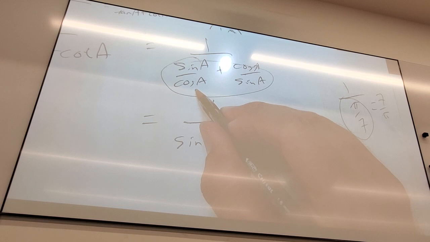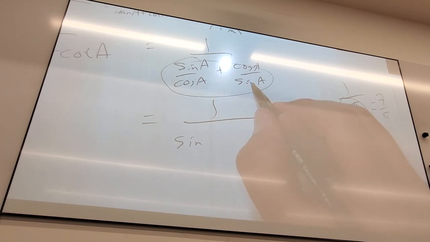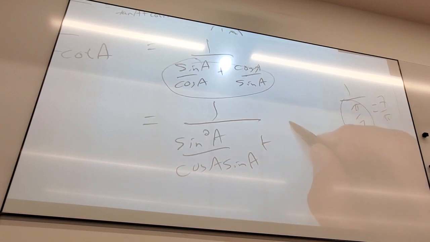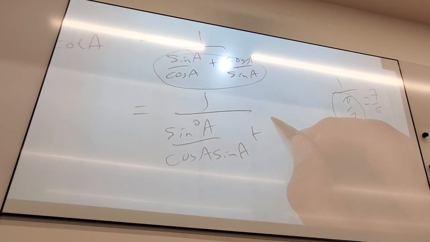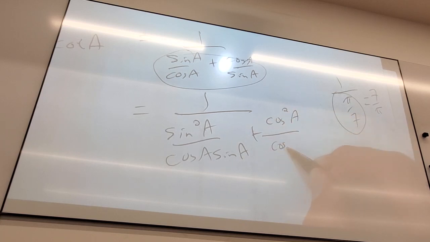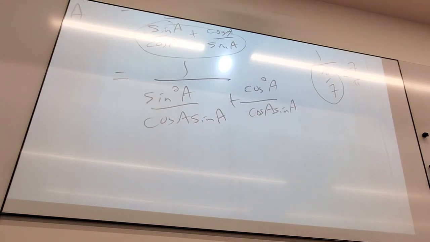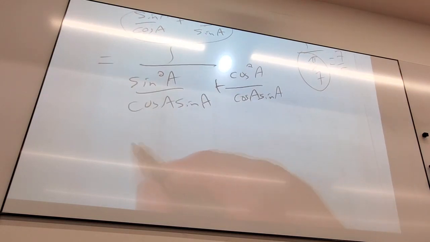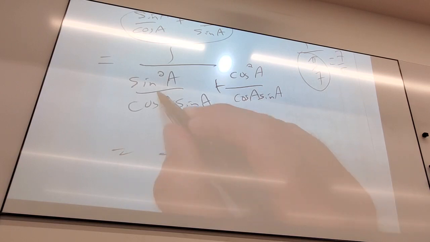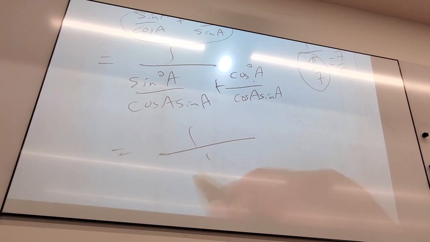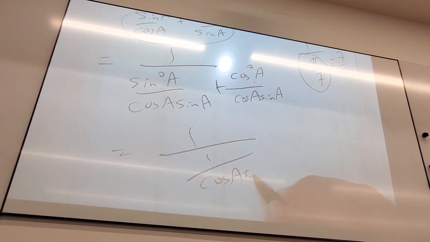This first guy needs a sine A. So if I multiply top and bottom by sine A, what's the second guy need? Cosine A. So if I multiply top and bottom by cosine A, so you get a cosine A. So I'm going to get 1 over sine squared A plus cosine squared A. Well, that's 1 over cosine A sine A, right?